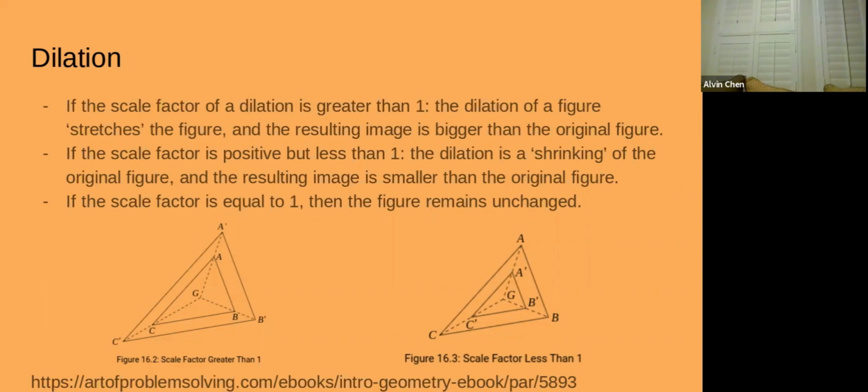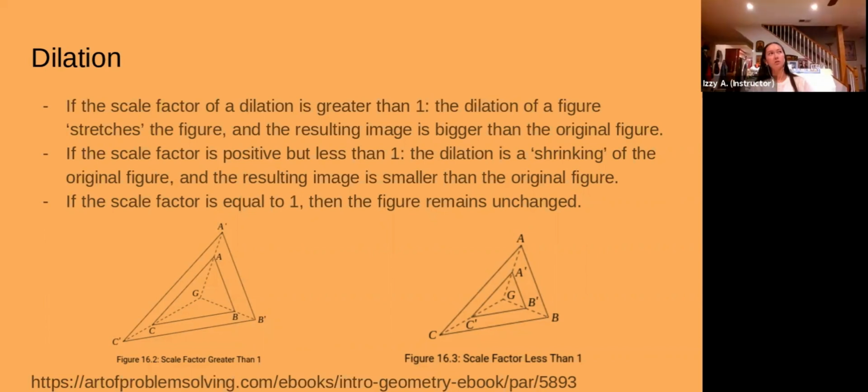Like if I say ABC and A apostrophe B apostrophe C apostrophe, then the scale factor is the square root of the area of A apostrophe B apostrophe C apostrophe divided by the area of ABC.